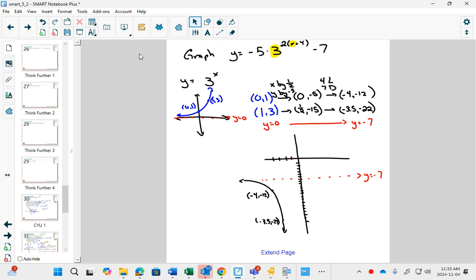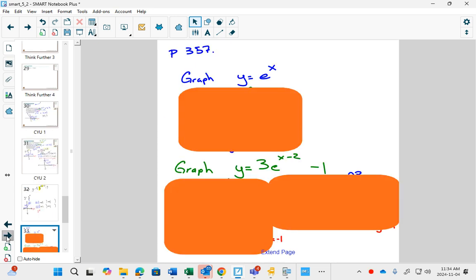And now our second graph, I'm going to introduce you to a new number. Do you know the number e? I think it's on your formula sheet. They tell you on your formula sheet, I don't know how many digits that they give you.